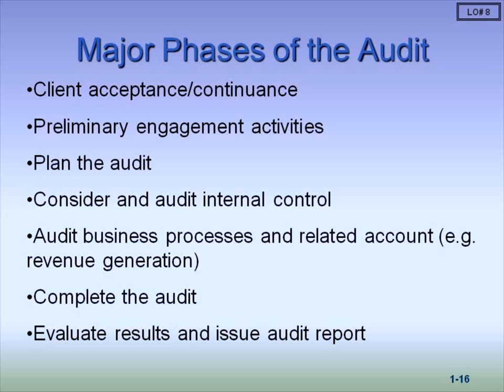Planning an audit. Once we get the audit program down, then we'll consider and audit the internal control. So the consideration piece is that we're going to go out and observe the internal controls that we have gotten the policies for, and we're looking at the processes, and we're going to watch the employees actually do it.